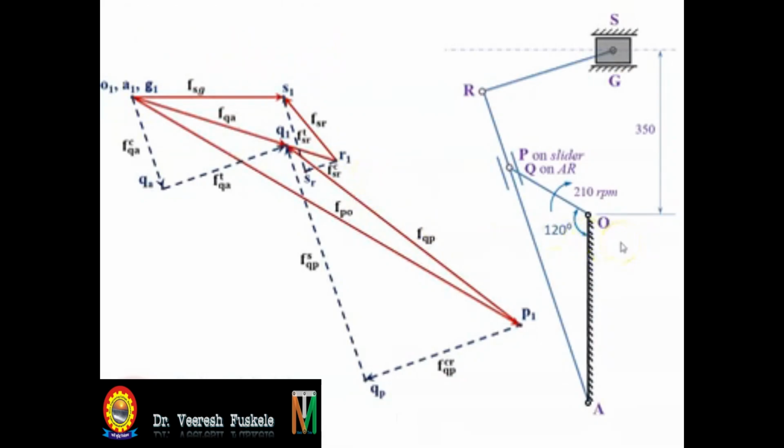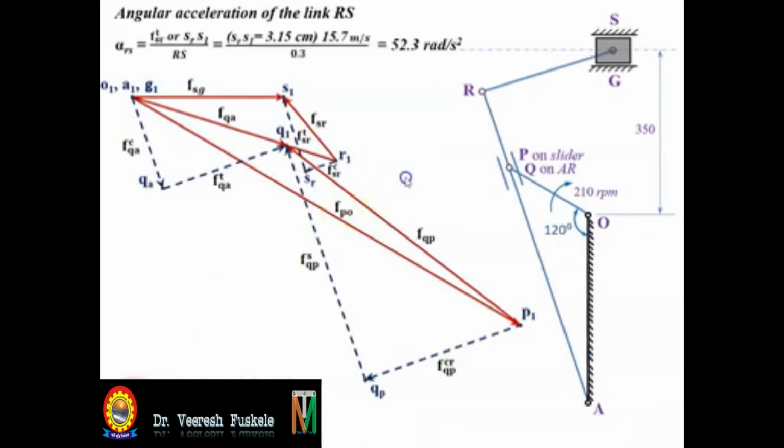Next, we need to calculate the angular acceleration of the link RS. The angular acceleration of the link RS will be the tangential component of the link RS divided by the length of the link RS. This will be equal to the vector SRS1, which is measured here as 3.15 centimeter.